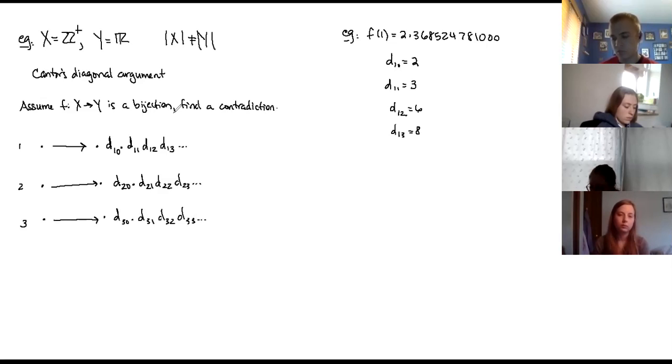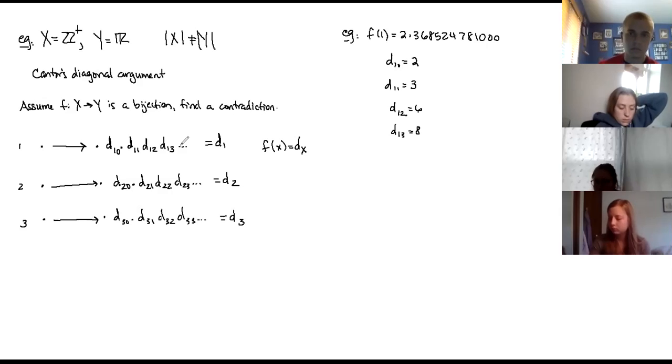Everybody good? Let's call these numbers also D1, D2, D3, etc. So my notation is f of x equals d sub x. That's my notation. And then here's how I've gotten my d numbers expanded. Give me a thumbs up telling me you're hanging with me up to this point in time. You see it? We're good?